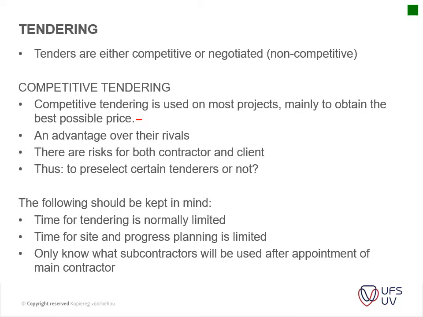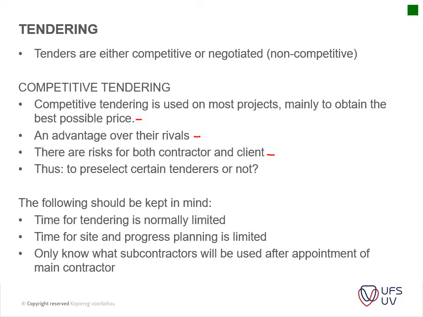Government projects are almost exclusively competitive tendering and open tenders as well. There are risks for both contractor and client on these types of projects, and it's elaborated a little bit in your textbooks, and we'll get into that.